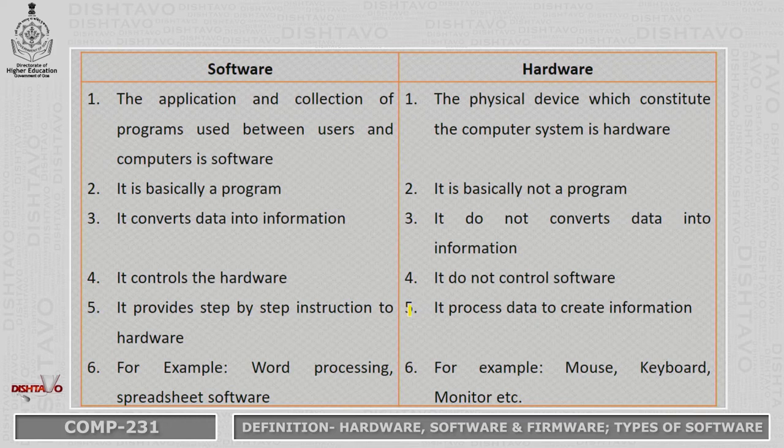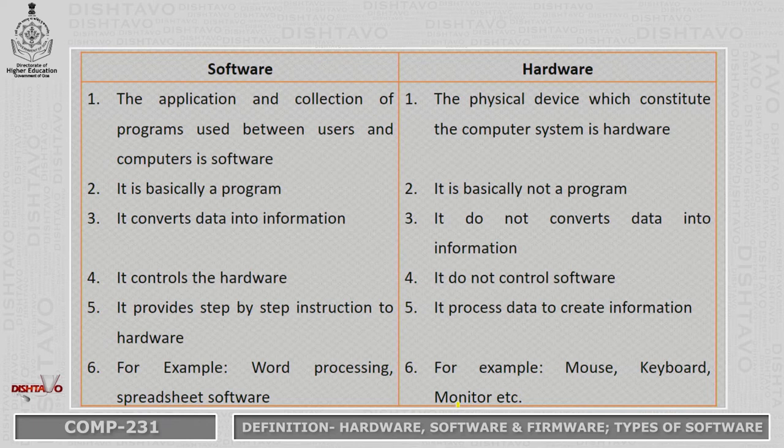Software converts data into information; hardware does not. Software controls hardware, but hardware cannot control software. Software provides step-by-step instructions to hardware, and hardware processes data to create that information.